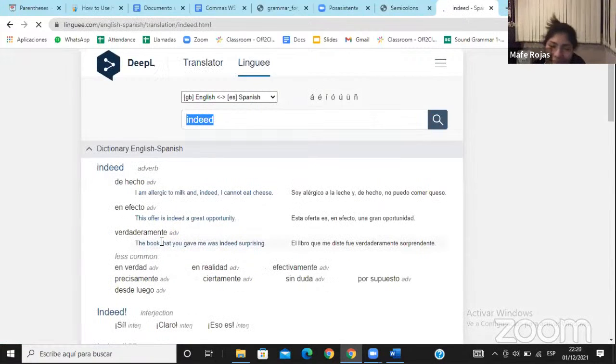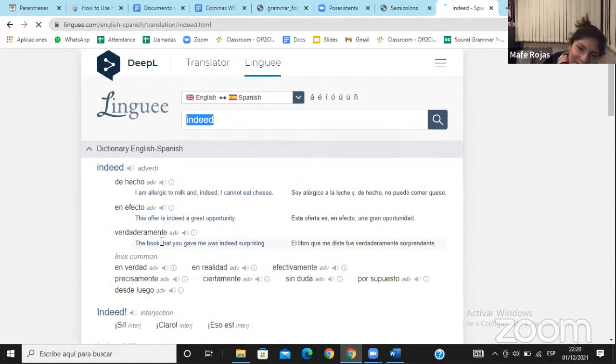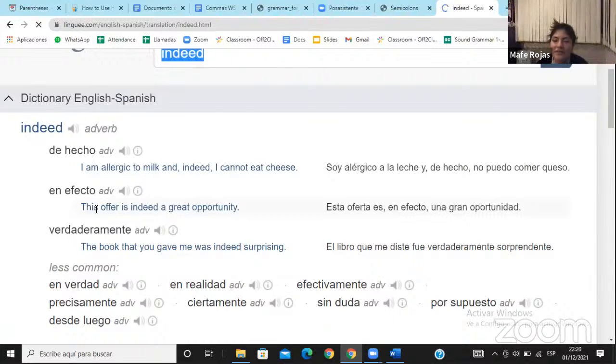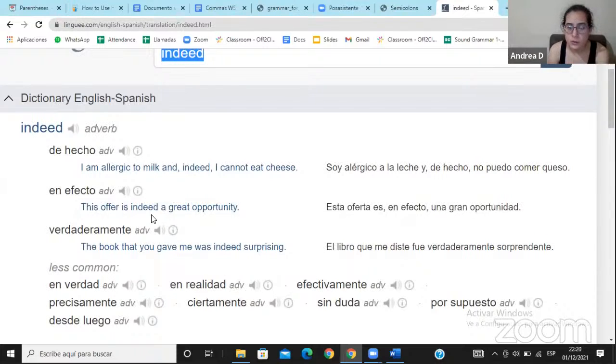Yeah, like for example here, I'm allergic to milk, and indeed I cannot eat cheese. So it's like actually here. De hecho. Or look at this. This offer is indeed a great opportunity. So this is really a great opportunity. You're right. En efecto.